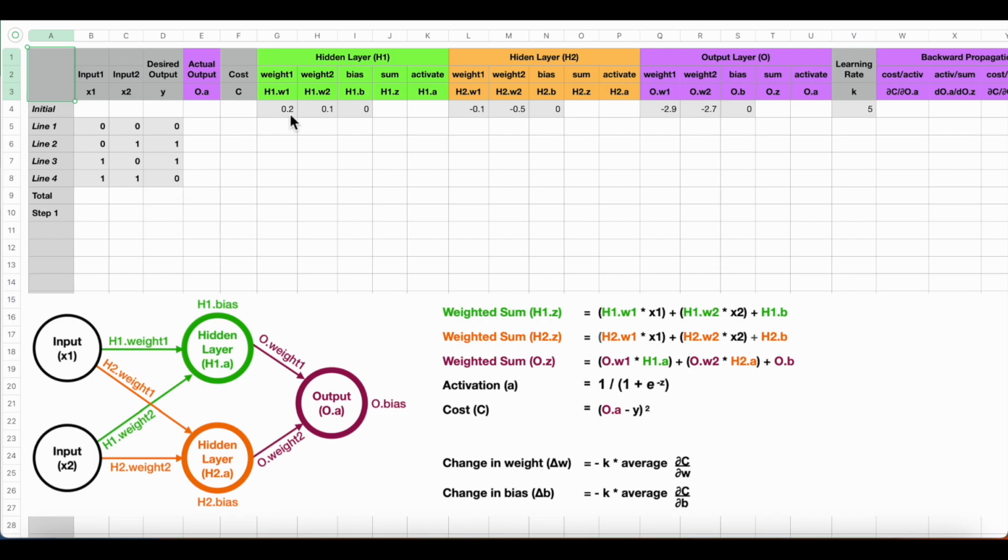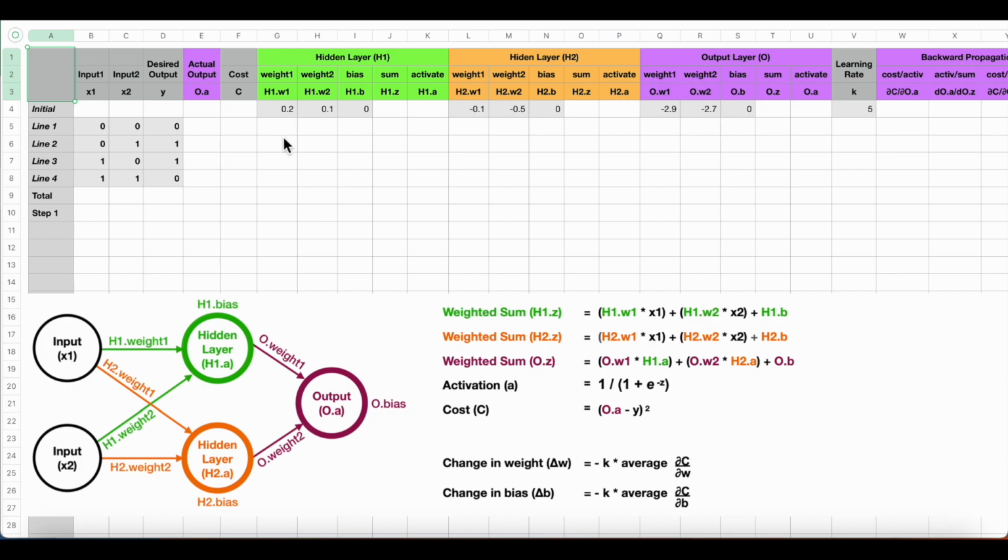I've also set up the initial weights and biases. Typically, the weights are small random numbers close to 0. In order to make sure I can get a pretty good result in 100 iterations or less, I've set up some initial weights rather than using random numbers that might require more iterations to get the result.